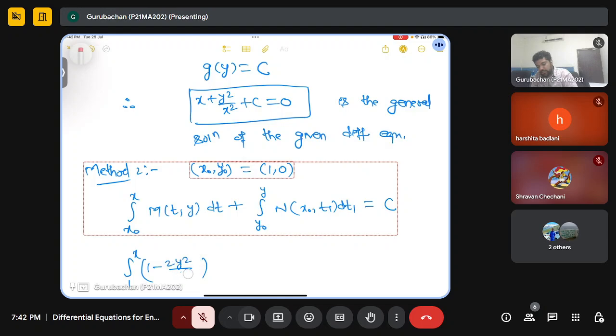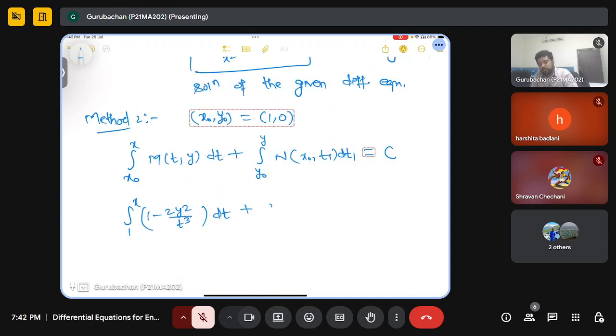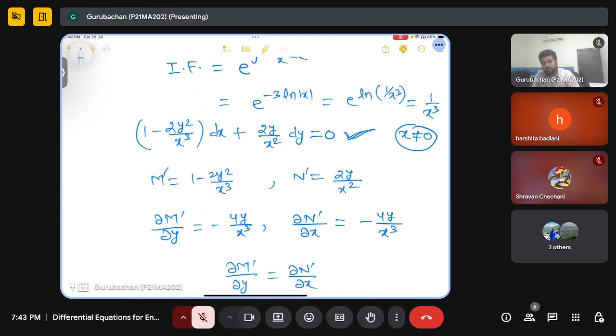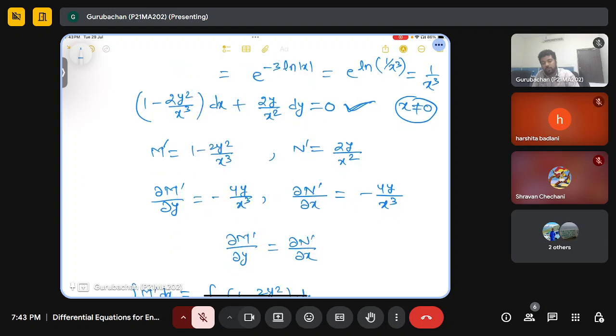Since we are writing this in terms of t, it will be the integral of 1 minus 2y square by t cube dt plus 0 to y, and we have to write x naught as 1. So what will be our N? N will be 2y.